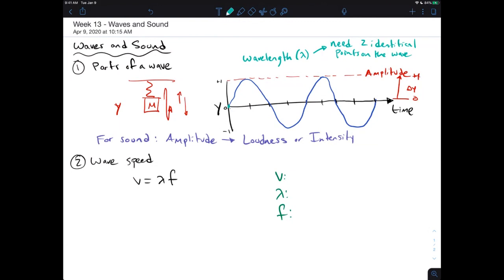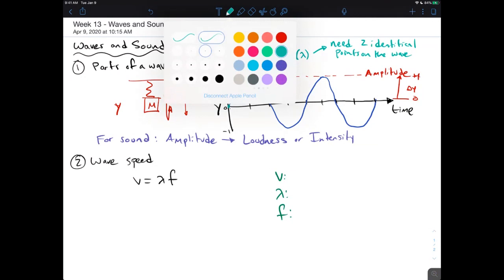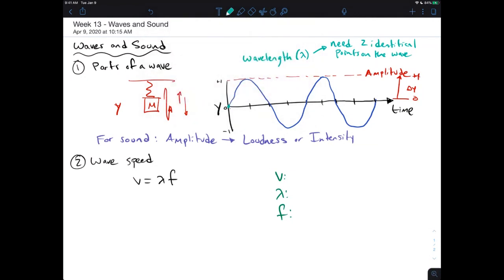Think about this. If I were to choose my first point on my wave right here, at this point in time, what is the mass doing and where is it? In terms of this mass hanging on a spring, at this point right here, my mass is at 0 and it's moving upwards, right? It just happens to be at 0 right now when we take a picture, but I know that it's going up, so it's going to keep going up, right?